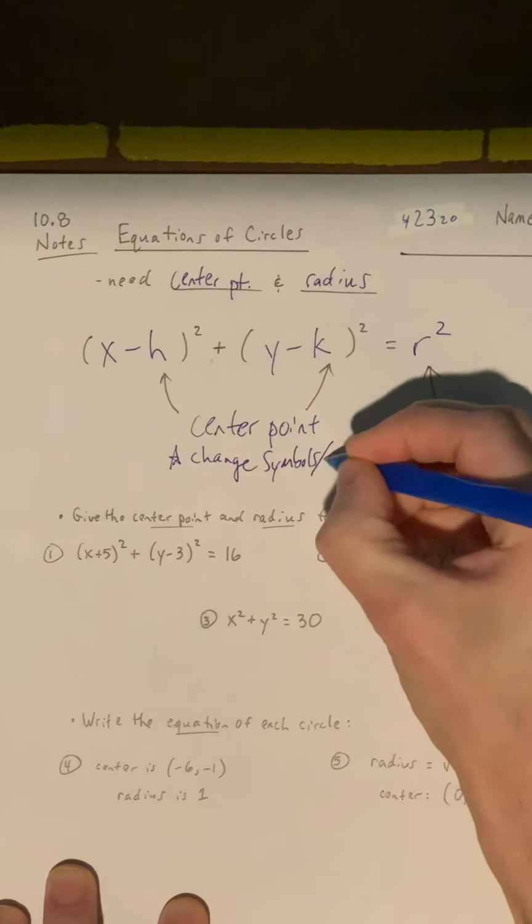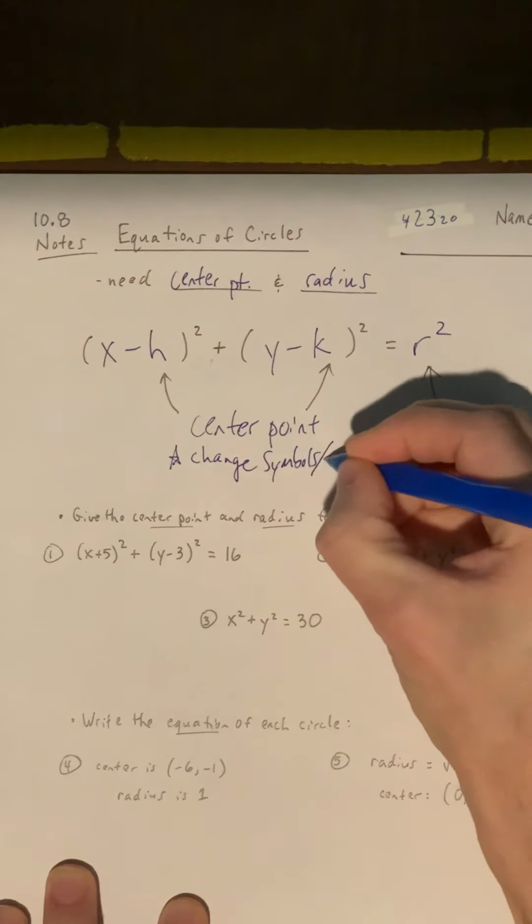Number 2, here's our equation. Okay, the center point, x-coordinate is positive 2. So our center point, positive 2, comma. Now look, there's no y plus or minus a number in parentheses like there was here. So what do you think that means for the y-coordinate? Right, it means it's a 0.